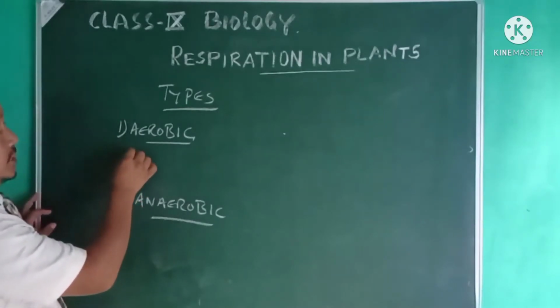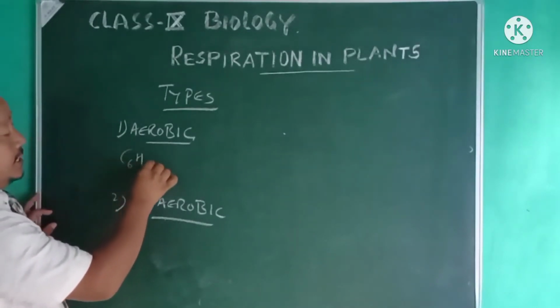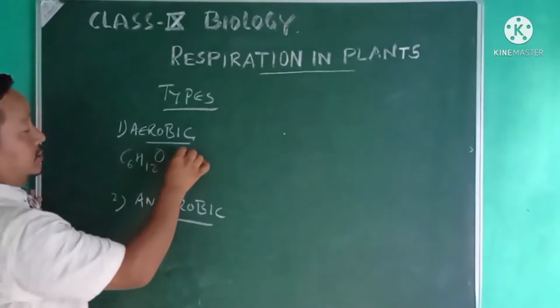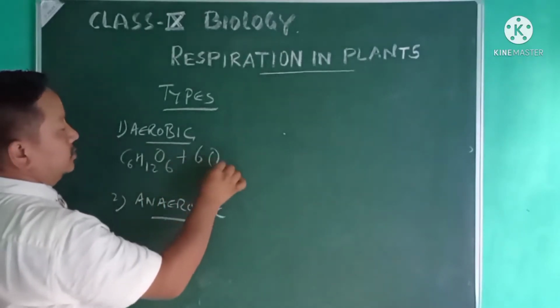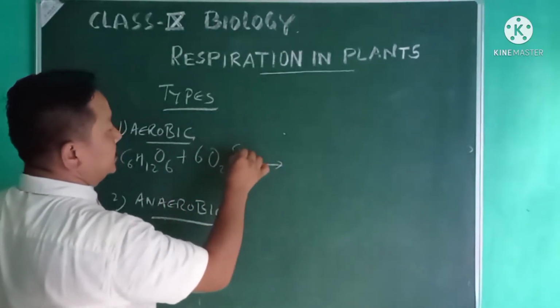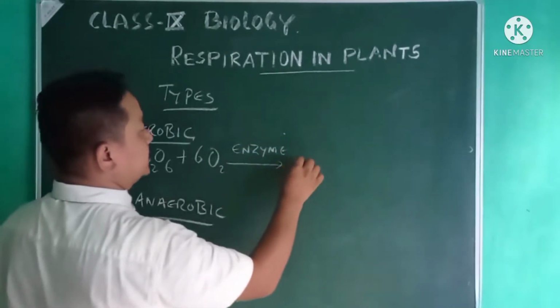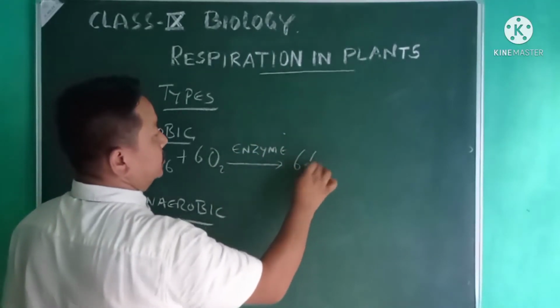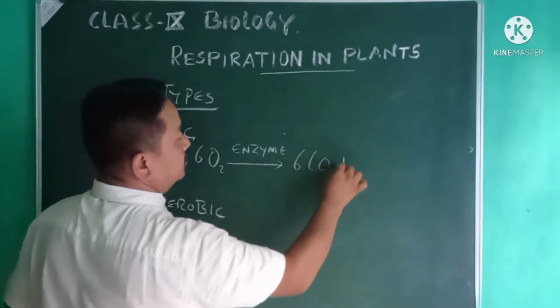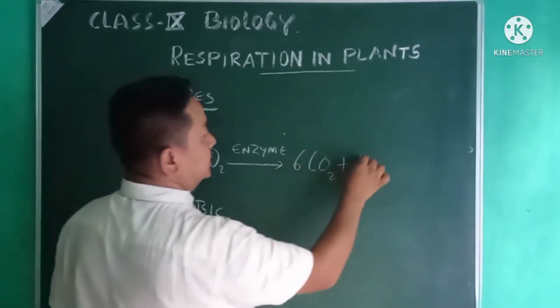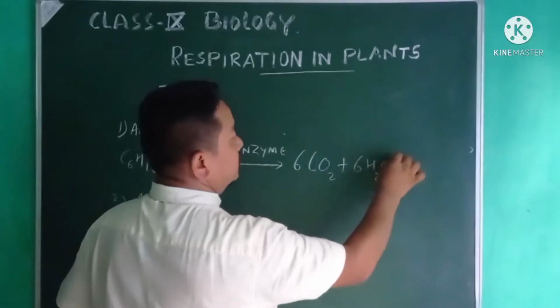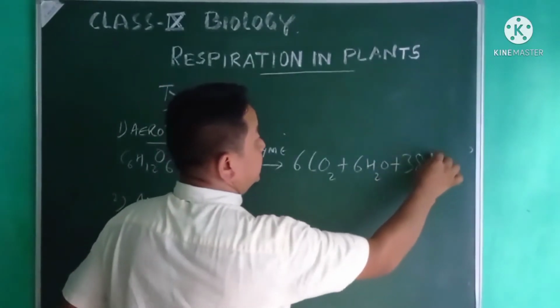C6H12O6 plus 6 molecules of oxygen, in presence of enzyme, produces 6 molecules of carbon dioxide plus 6 molecules of water plus 38 ATP.